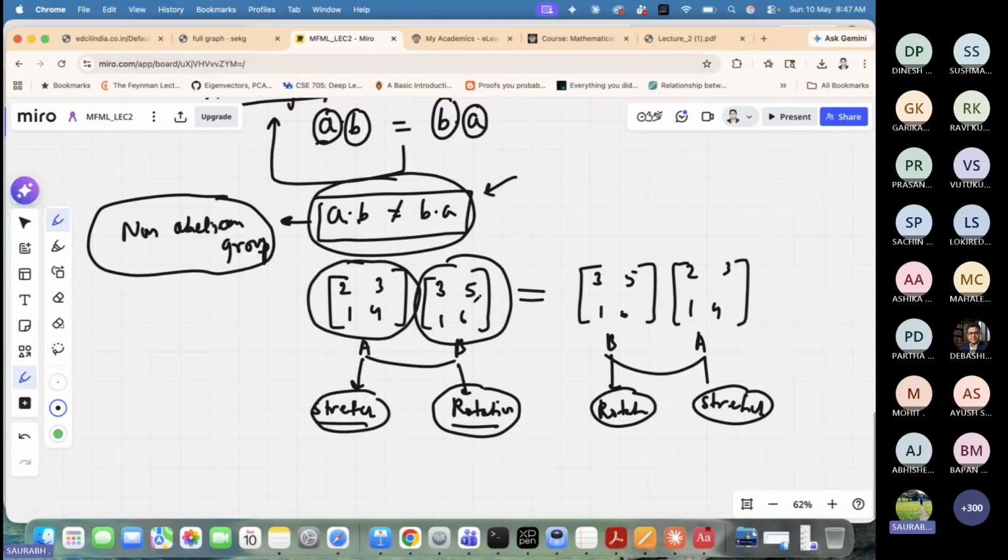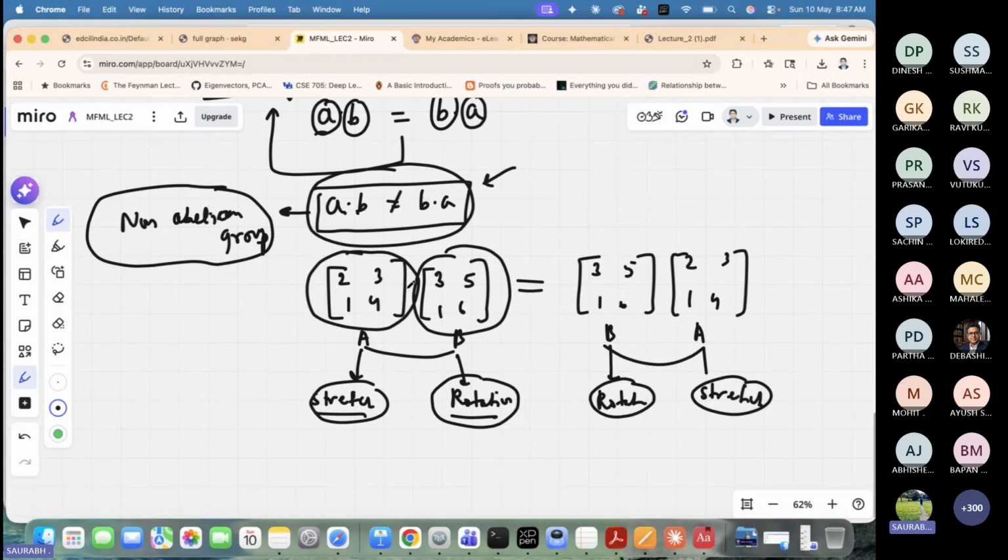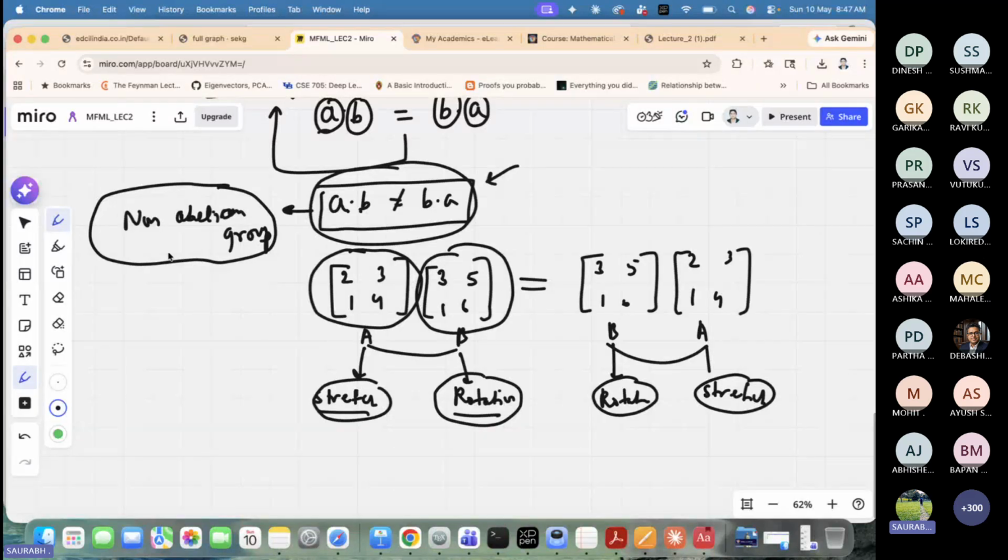So matrix multiplication is a non-abelian group. By non-abelian group, what we are saying is orders do matter. So when orders matter, we call those groups non-abelian groups.